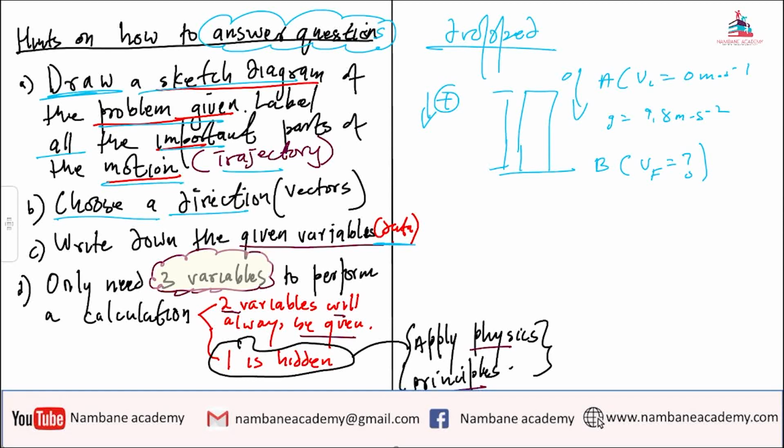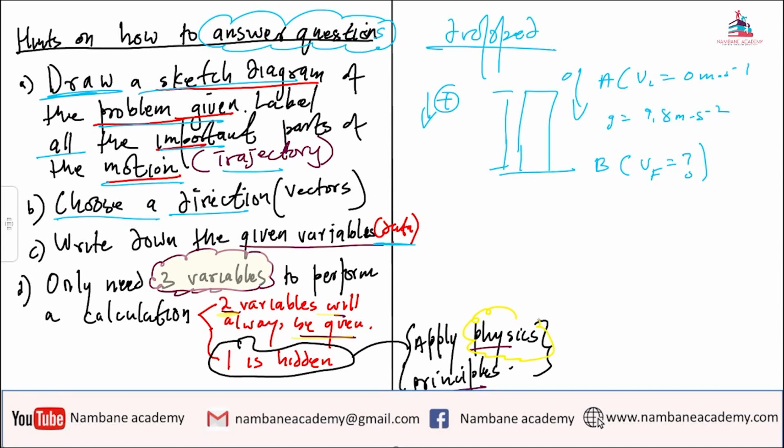And in that 3, 2 variables will always be given. Because 2 is given, you know G is already 9.8. It's there, it's given. And something will come from the examiner also. But obviously there's one thing that is hidden there. And how do we get that?